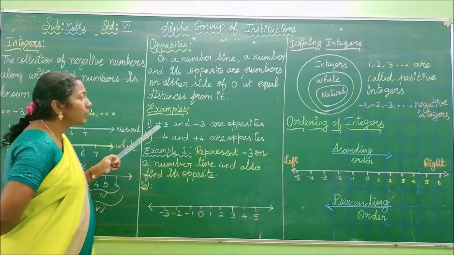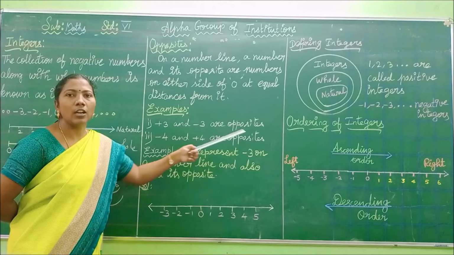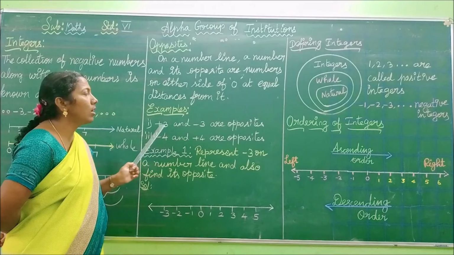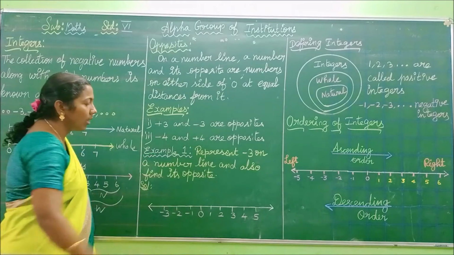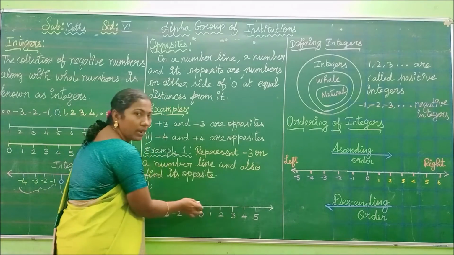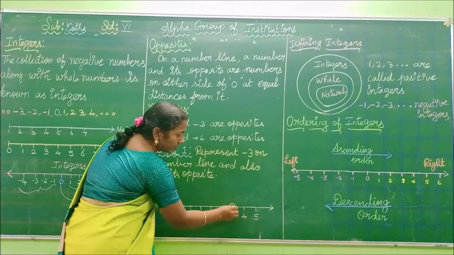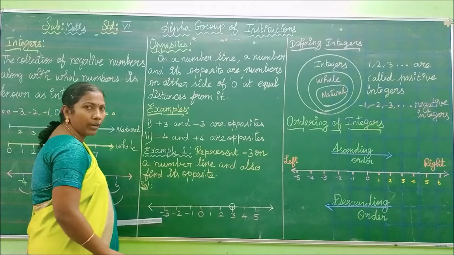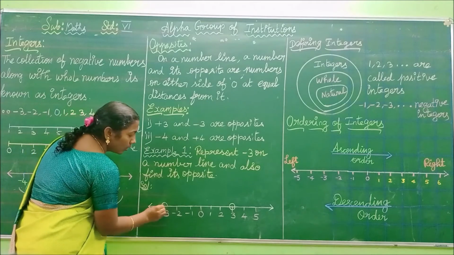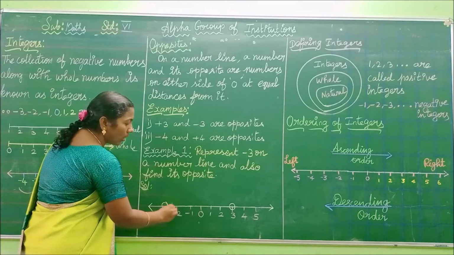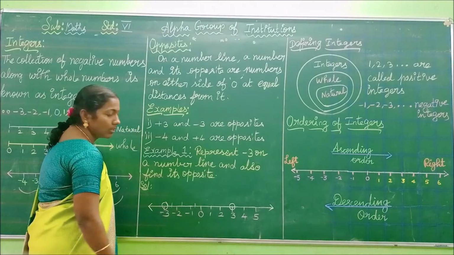See here. Plus 3 and minus 3 are opposites. Why are we calling these numbers opposites? Because here this is the number line for integers. We can find plus 3 here, and there is minus 3 here. What is the distance between minus 3 and the 0? 1, 2, 3 units.